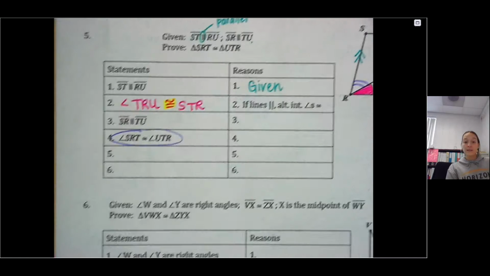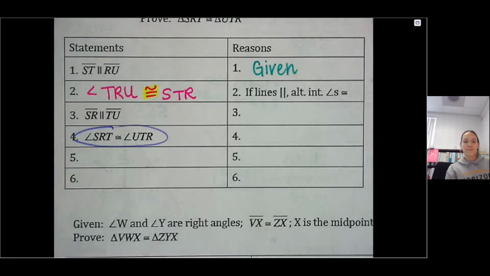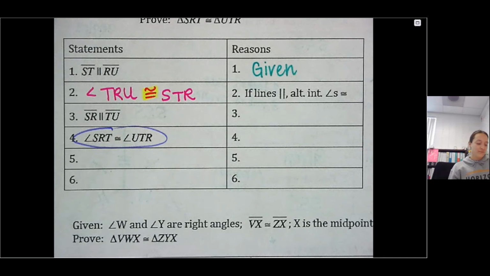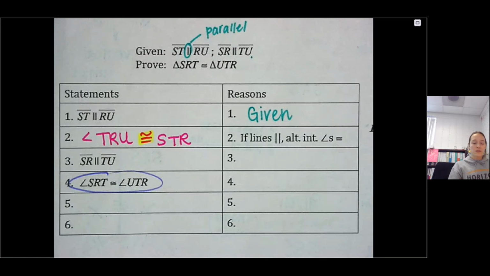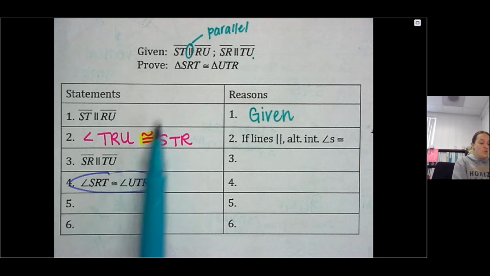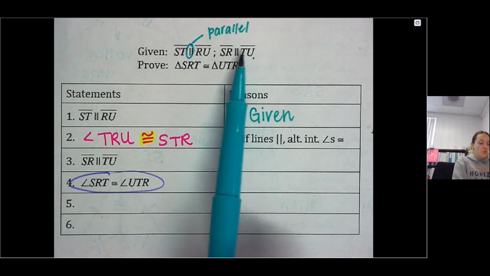Okay, now here's the fun part. Number 3 says they're parallel. How do you know that? Because I have the parallel lines. Well, no, because it's a given.